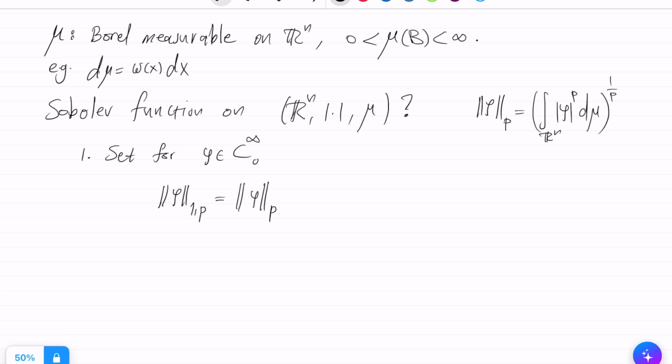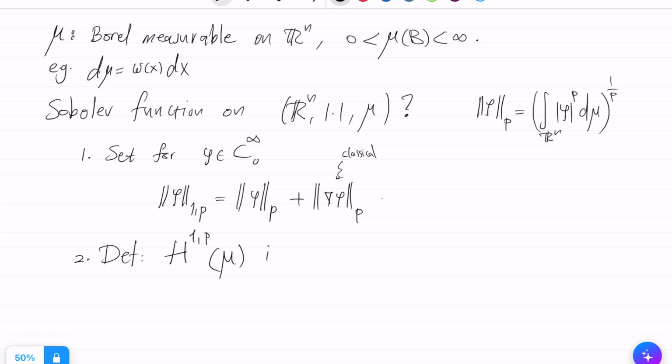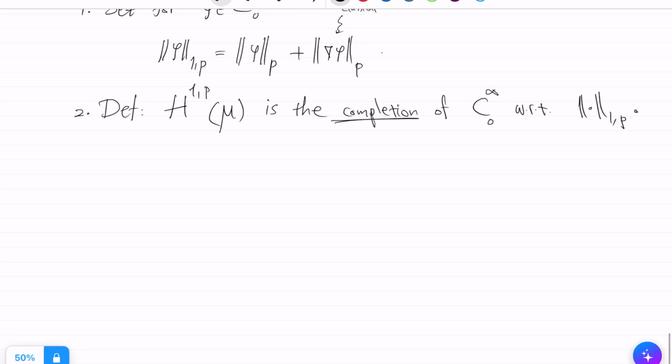So the 1p norm will be the norm of a function plus the norm of its gradient, and this is in the very, very classical sense of calculus 1. The Sobolev space H1p with respect to this measure is the completion of C infinity 0 with respect to this newly defined 1p norm. That's a standard definition also used in the Euclidean standard Lebesgue measure case.